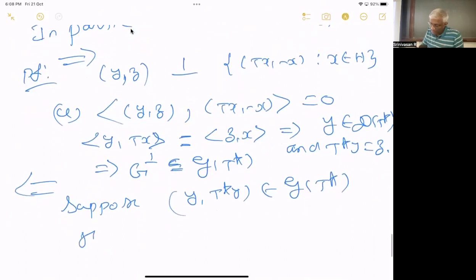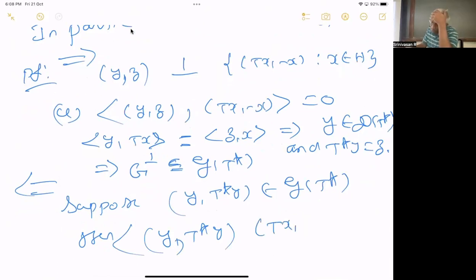Then you have to take the inner product of (y, T star y) with (Tx, -x) for any x.